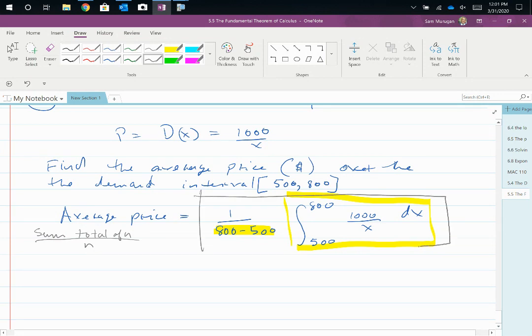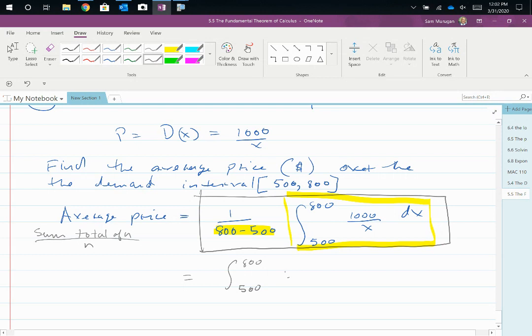They're going to ask you to see the setup for this, and then going further here, this is 1 over 300 times 1000. Actually, we can just go ahead and distribute the 300.